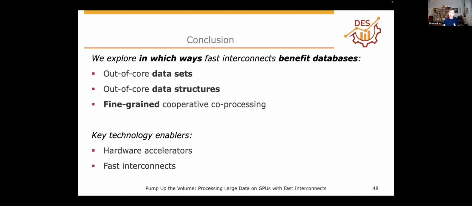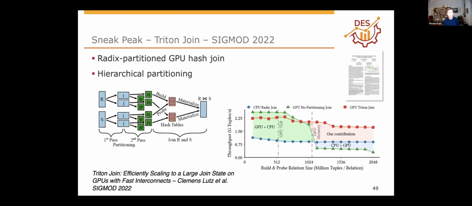But we need this fine-grained cooperative co-processing. And the hardware accelerators and the fast interconnects are really the key trick here. This is basically just checking how fast we can be with these throughputs. But there's a sneak peek here, that we did a follow-up on this, which is the Triton join.